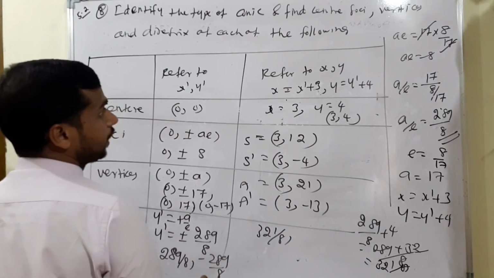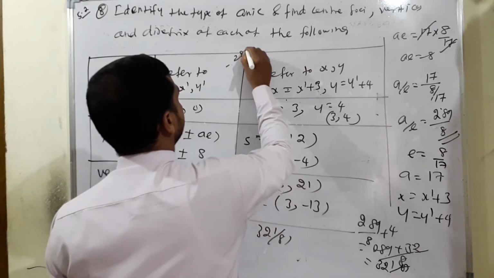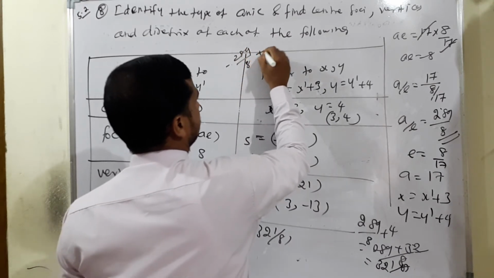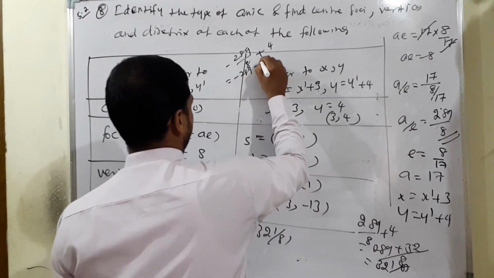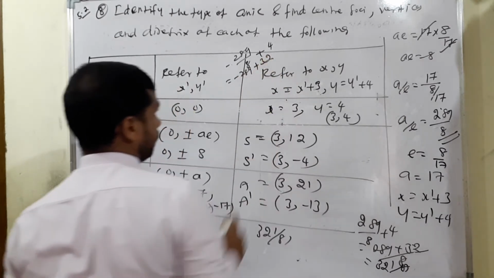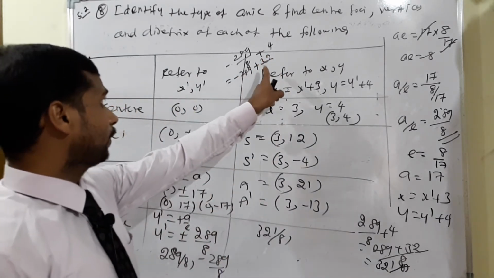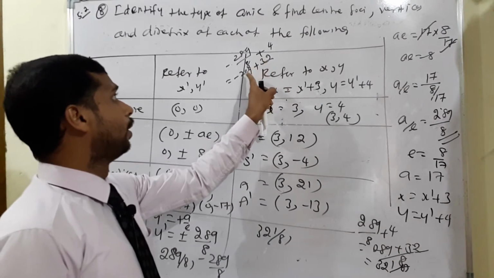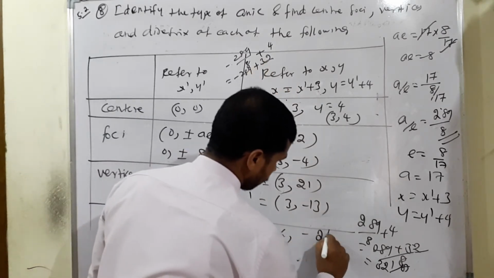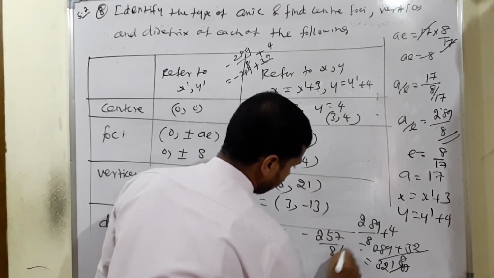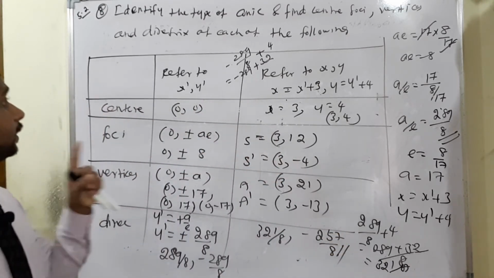Second one, negative 289 by 8 plus 4. Now, negative 289, positive 32 means negative 257 by 8. This is the answer for subdivision 1.